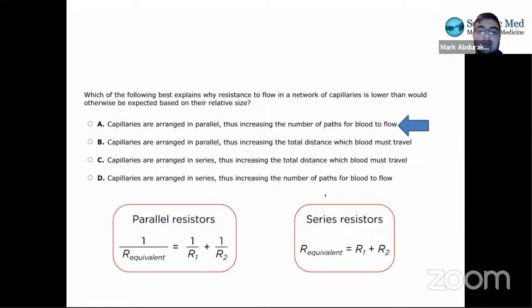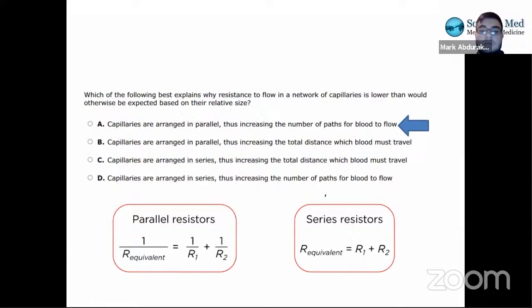As for B, it could maybe also be that, because it's also arranged in parallel, but it doesn't really increase the total distance which blood must travel, and that doesn't have a big effect on the actual resistance. The resistance is affected by being in parallel in general, because you're going into different paths.